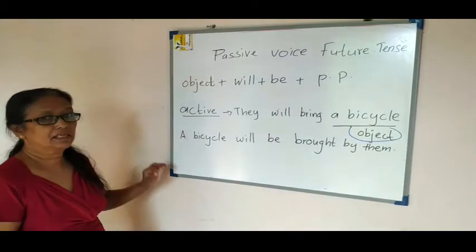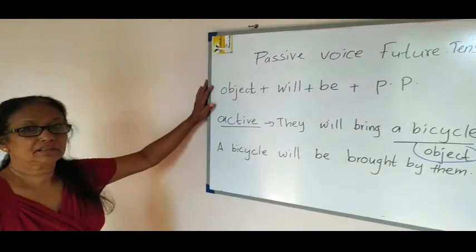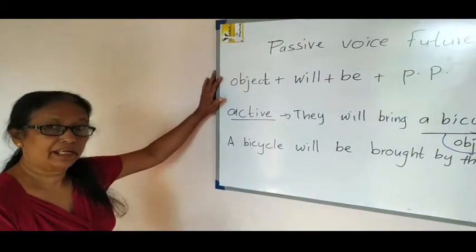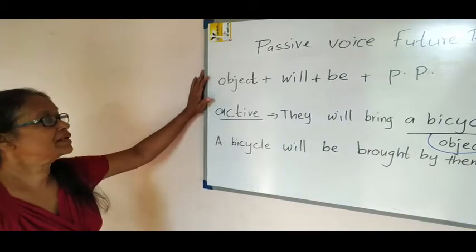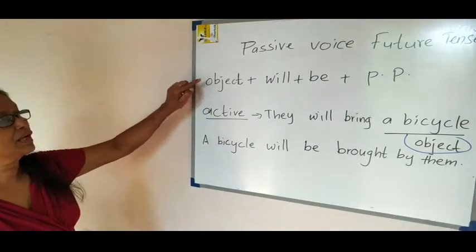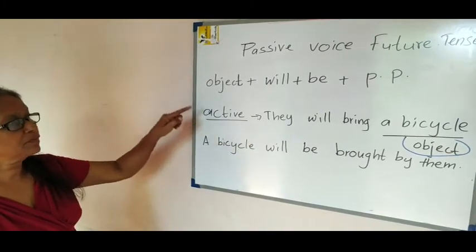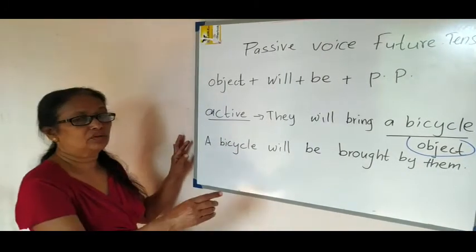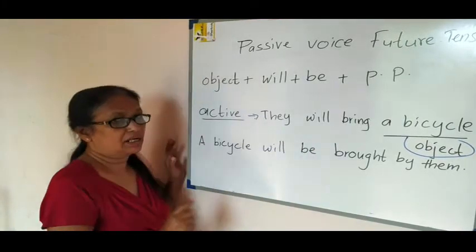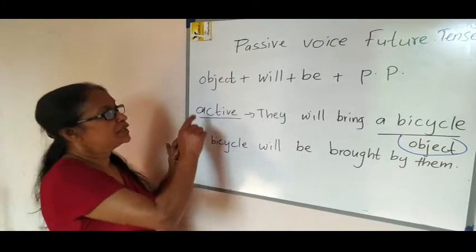Here let's see how to make an active sentence into passive, right? This is the active one. Here I wrote here. Then once again I need to tell you, object becomes the subject.